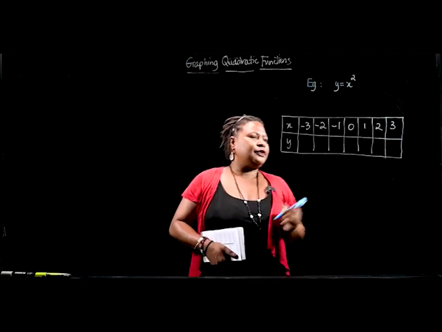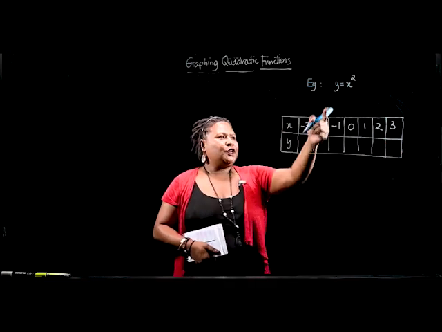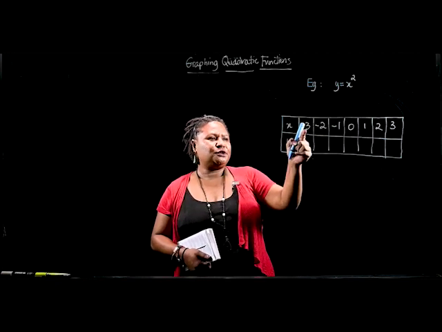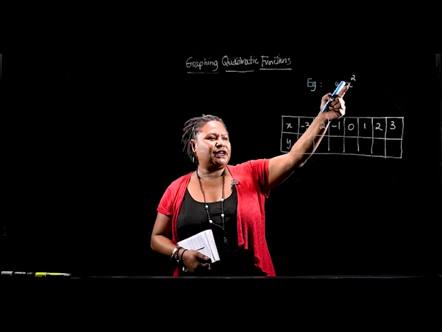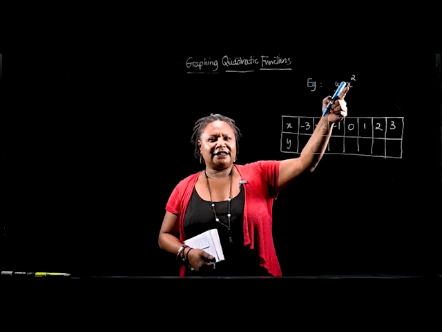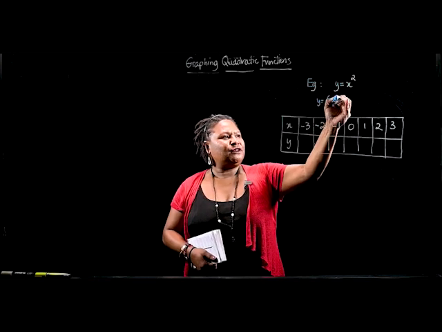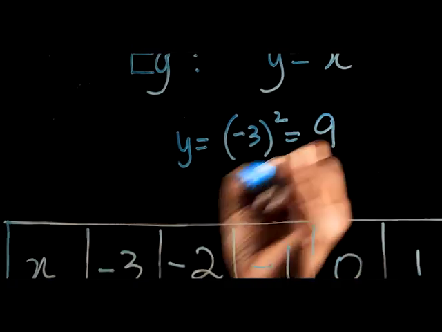Using our equation y equal to x squared, we substitute into the equation. So if x is -3, then -3 squared gives us 9.